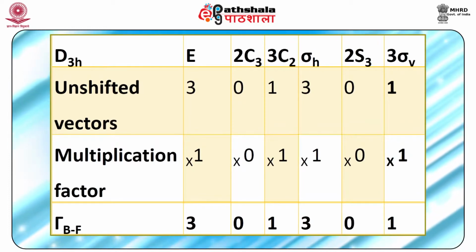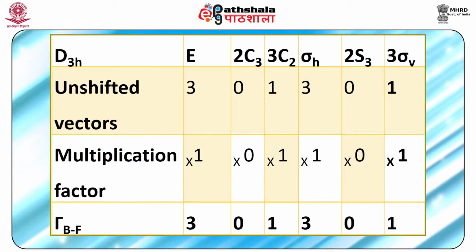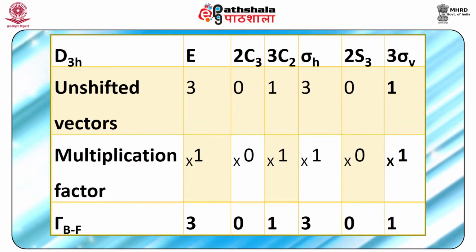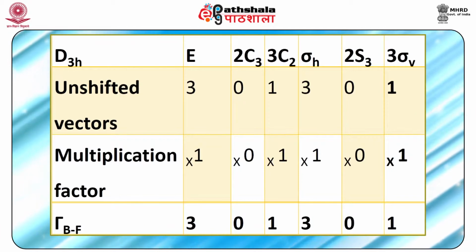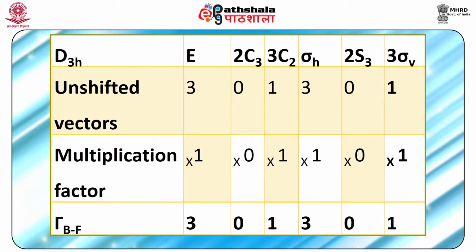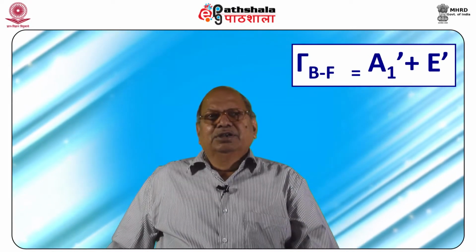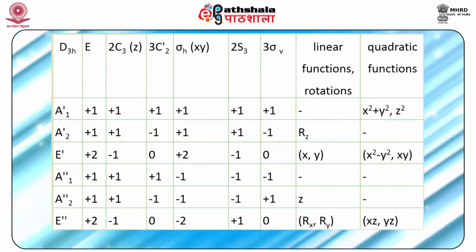And under sigma v, only one bond vector is unshifted. By using the multiplication factor, we get Γ(B-F) as 3, 0, 1, 3, 0, 1. This is Γ reducible, and it can be reduced to A1' plus E' in the D3h point group.